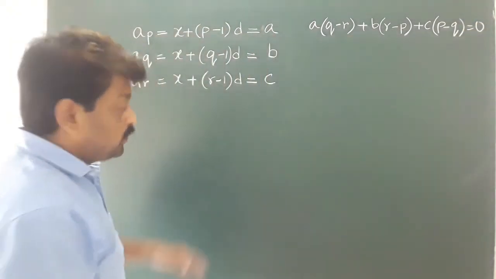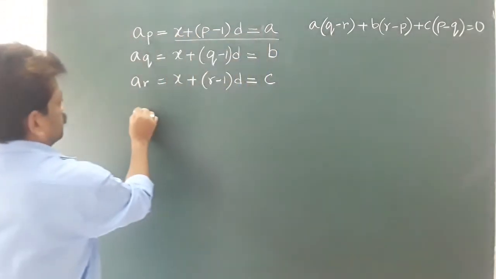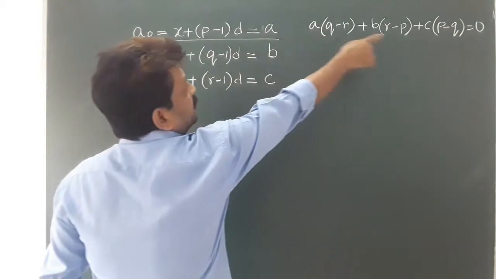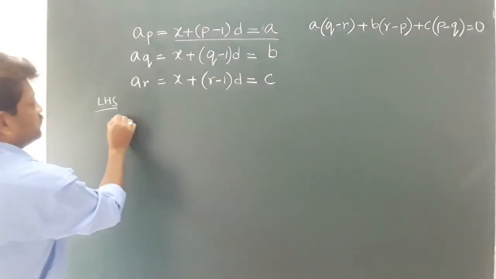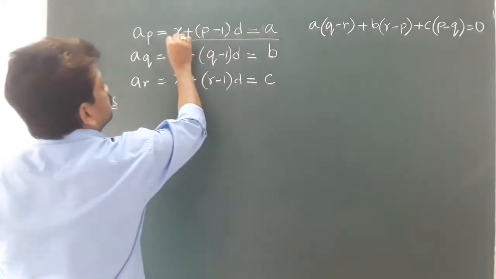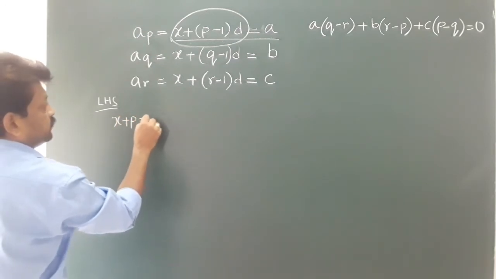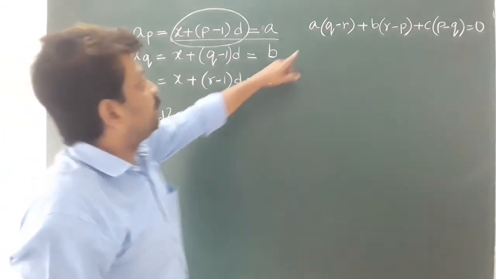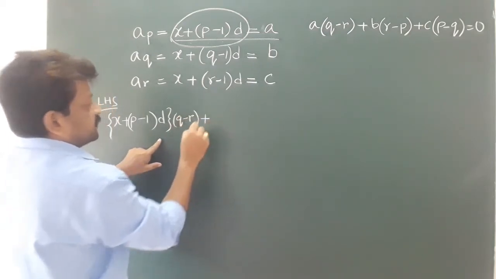Okay. So let me simplify all this from here. Let me put the value of a in the question. So left hand side will be: a means x plus (p minus 1) multiplied with d. Value of a is this one. So x plus (p minus 1)d multiplied with (q minus r), plus b.